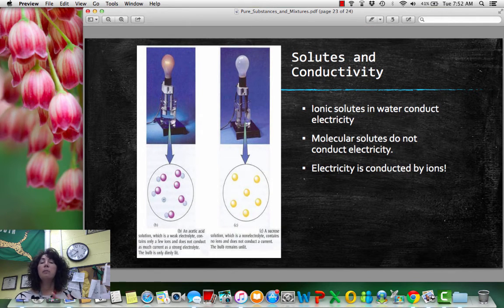Now, because we are dissolving something into water, some things can then conduct electricity. Ionic solutes are going to conduct electricity. Molecular solutes are not, because we know electricity is conducted by ions. And of course, if we're dealing with an ionic solute, then we're dealing with ions.